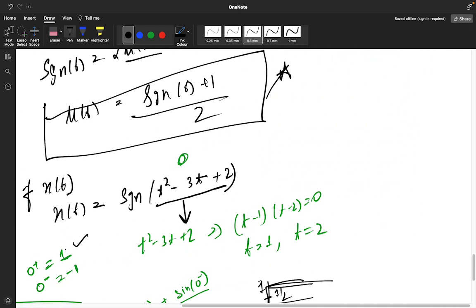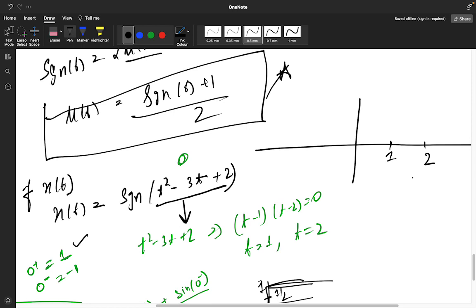Now we have two roots. Like I'm writing here, t is equal to 1 and t is equal to 2. Right? So we have two roots.